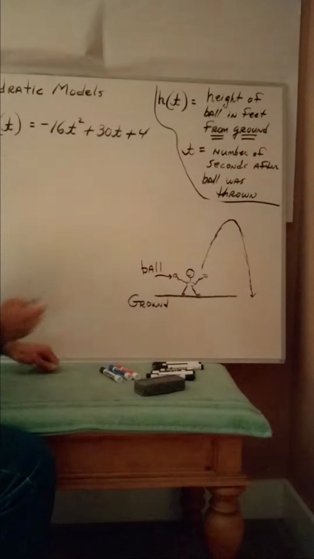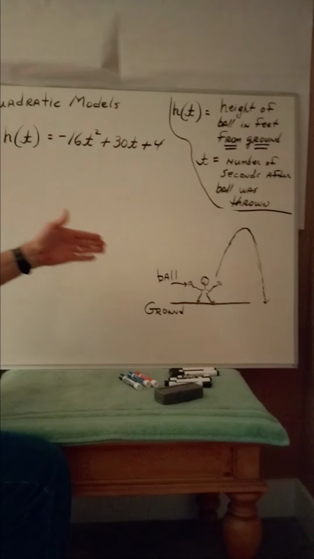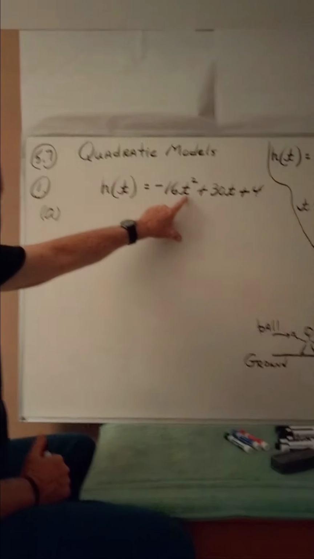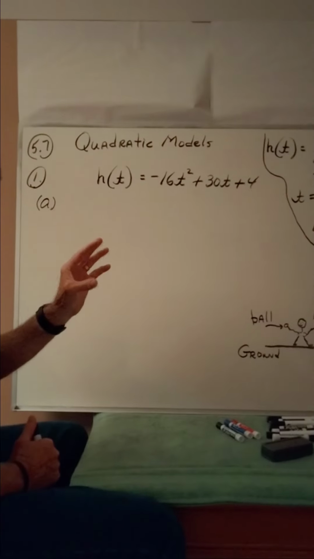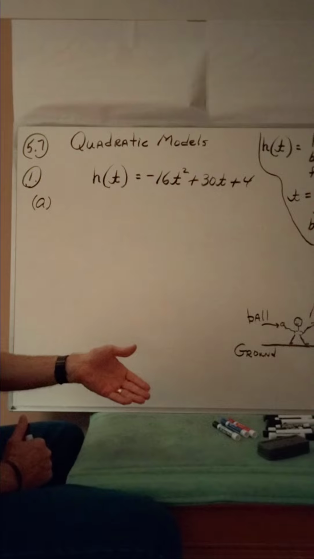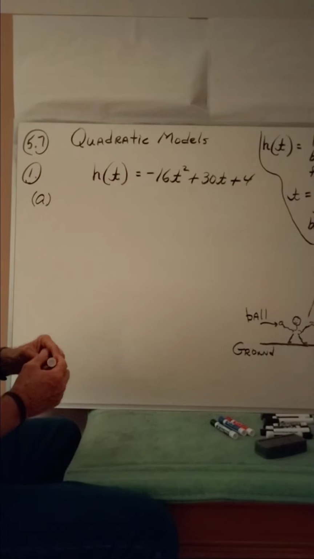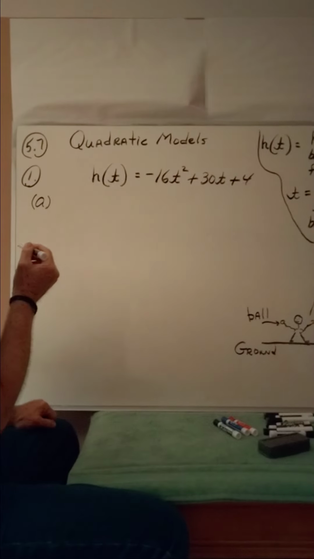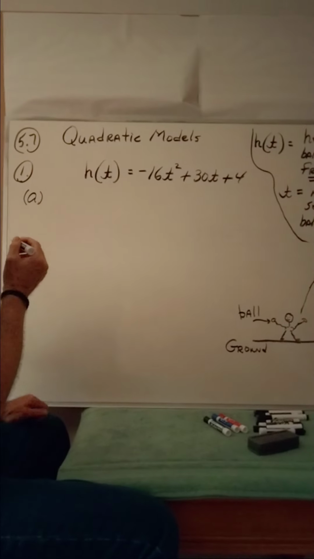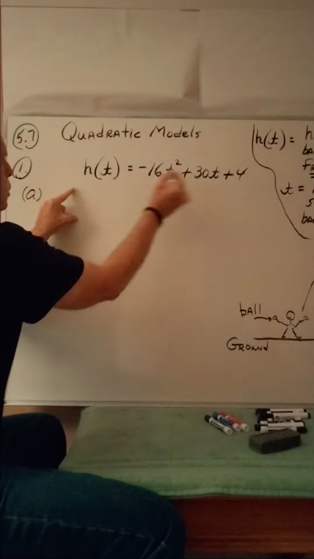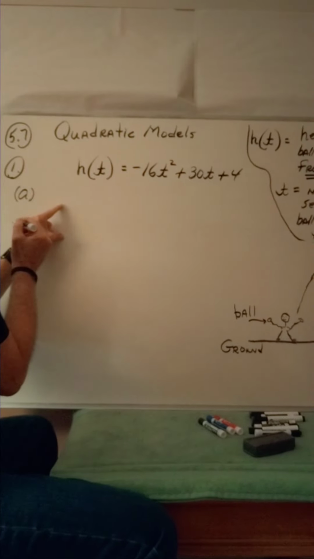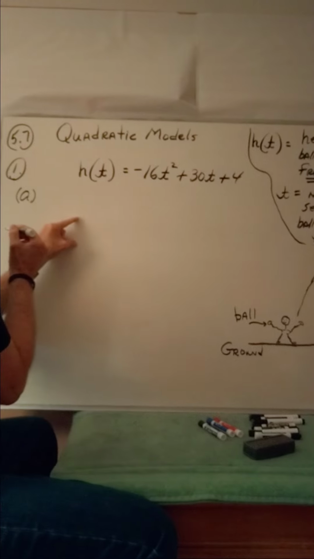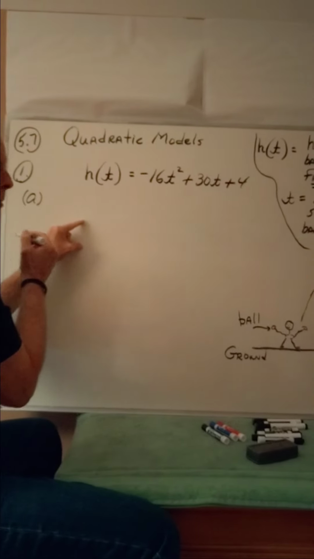It's in his hand. So the initial height is going to be based on the fact that there is no time that has elapsed. There's no seconds that has elapsed. So the value of the domain, the t, is 0 seconds. So we're going to evaluate this function for when the time is 0. 0 seconds elapsed.